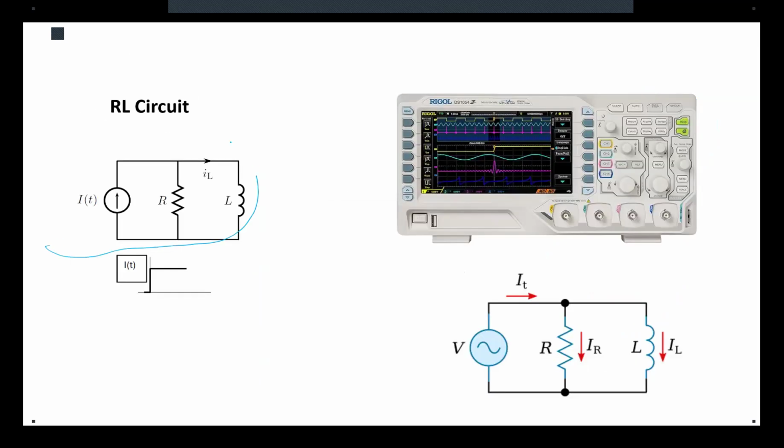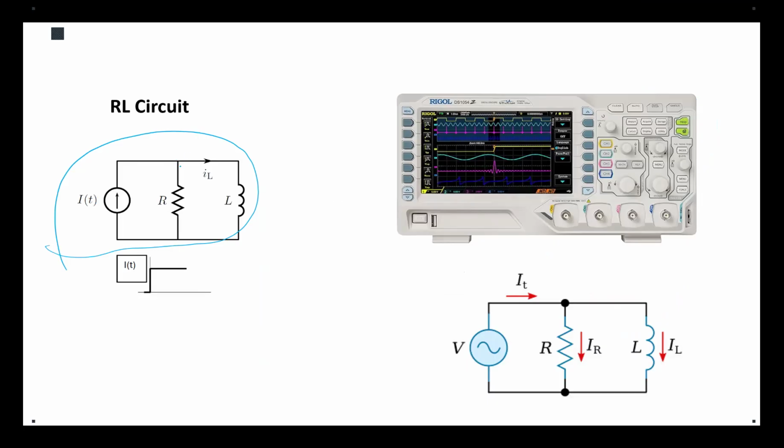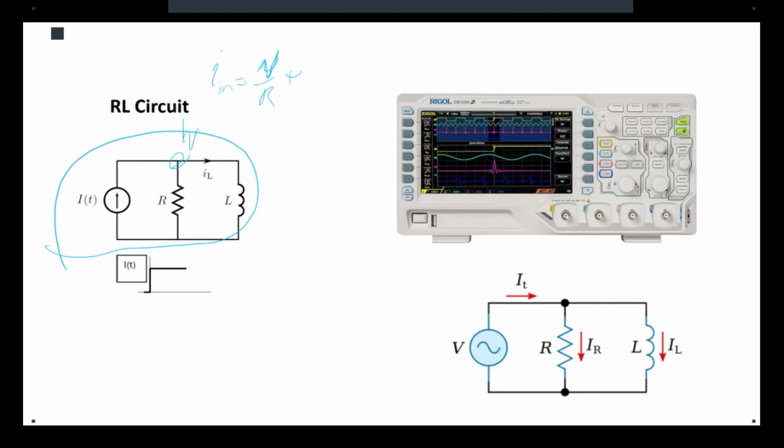In our assignment, we have a parallel RL where a step function current is injected into the circuit. If you run a KCL, you see that you have the input current equal to V over R plus the current of the L, which is 1 over L integral of V dt.